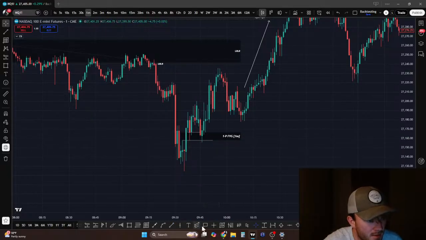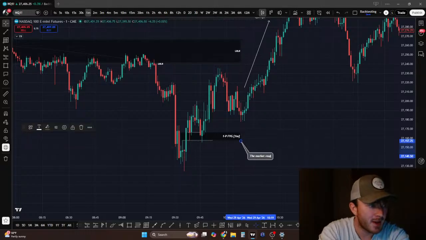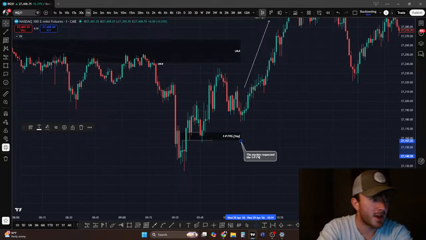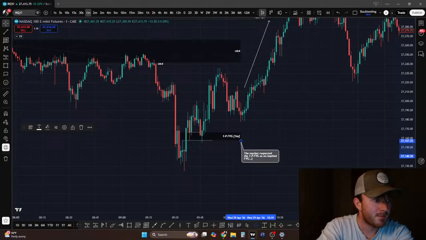So, make a little note. The market respected the first presented fair value gap as an implied fair value gap. Noting this for the future.